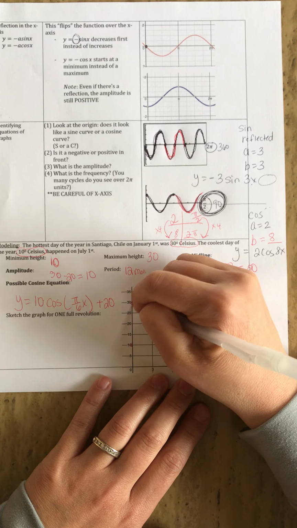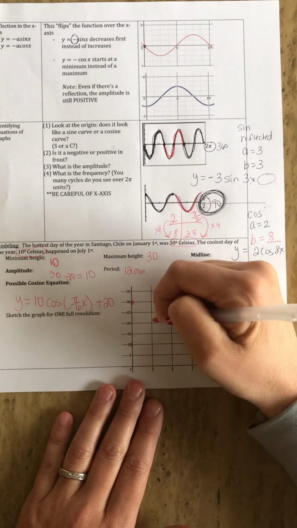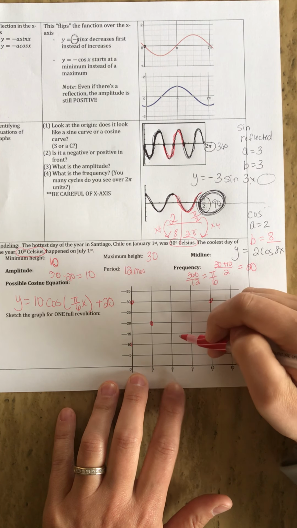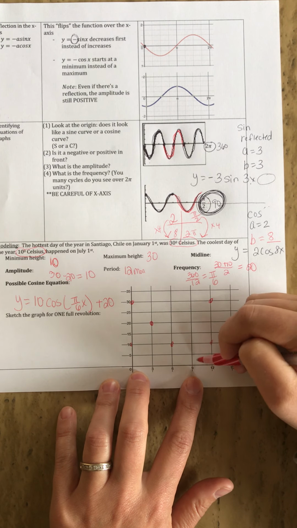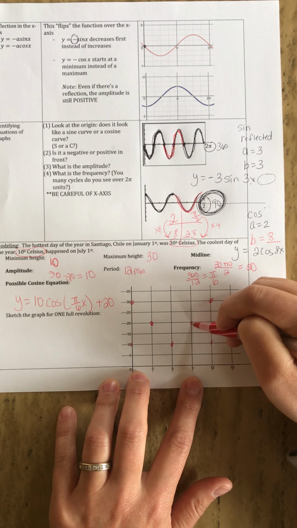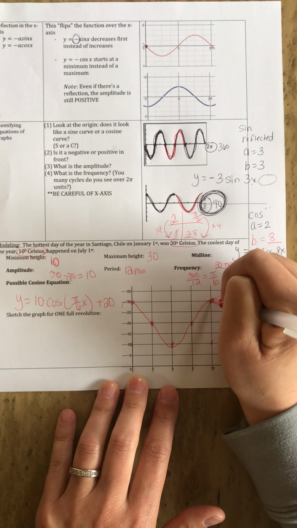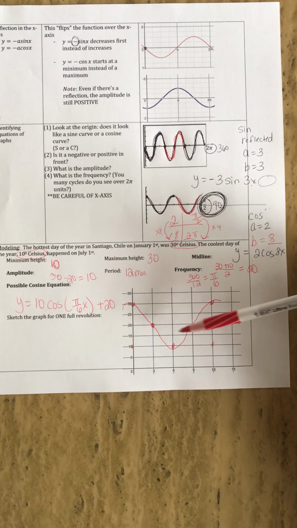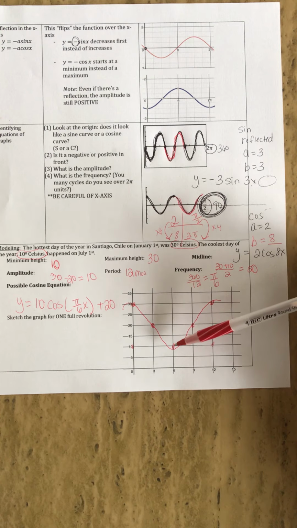So it's going to be 30, 30. We're going to be at 20 here. 10. And that would be your shift up, 20 from every point here.